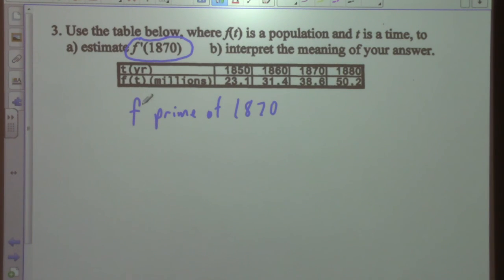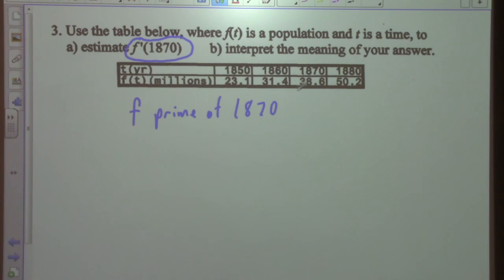If you had a quotation mark with two of these, what would you call that? F double prime. So verbally, we would call this F prime of 1870.